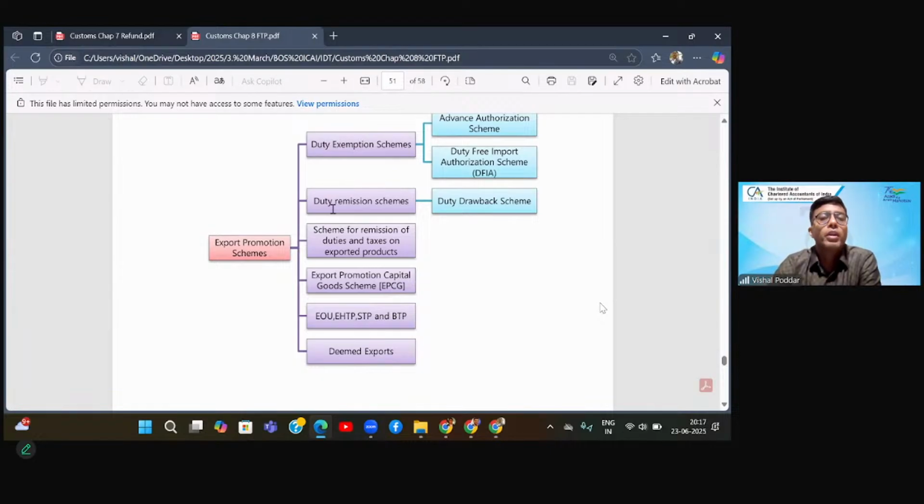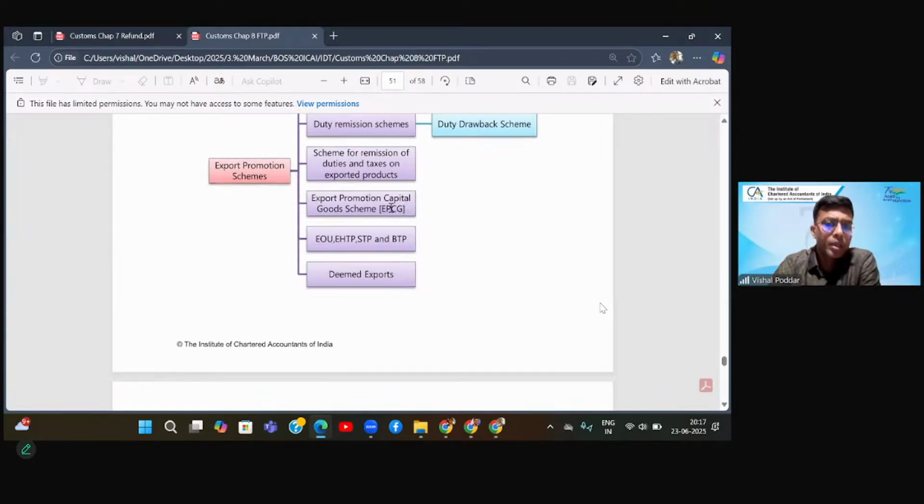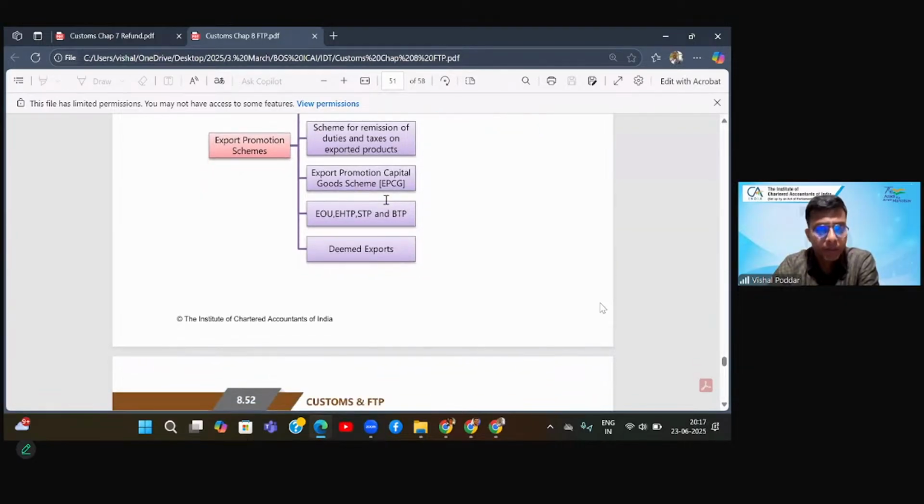Then you have the duty remission scheme. What is remission? Remission is you first export, and after exporting, we will give you back whatever taxes, duties you had paid at the time of import or you had paid on locally procured items. That is what is the drawback scheme. Then you have the scheme for remission of duties and taxes on export products. You have the capital goods import scheme without payment of duty, which is EPCG.